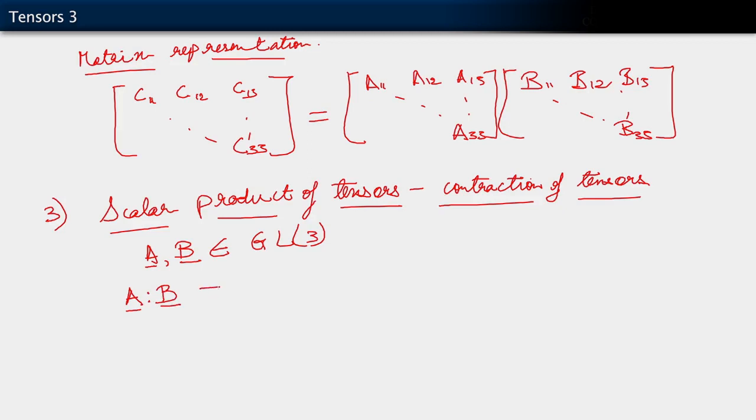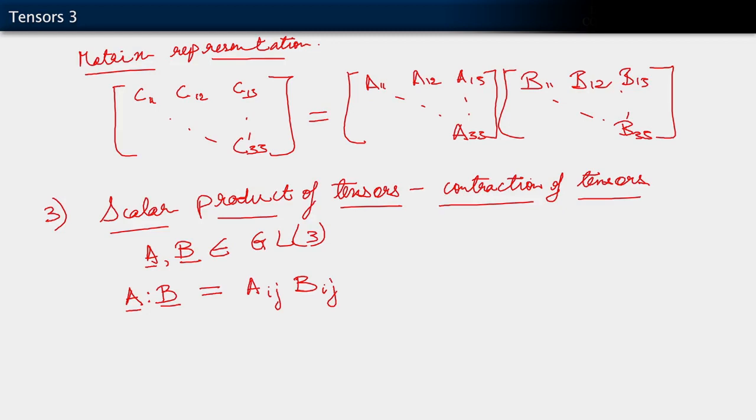A contracted with B is simply the product Aij Bij. Both indices i and j are repeated, so there is a sum implied over both of them.